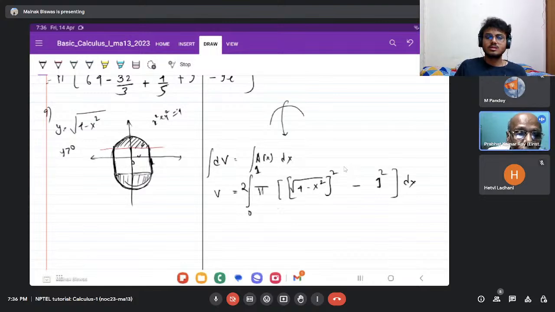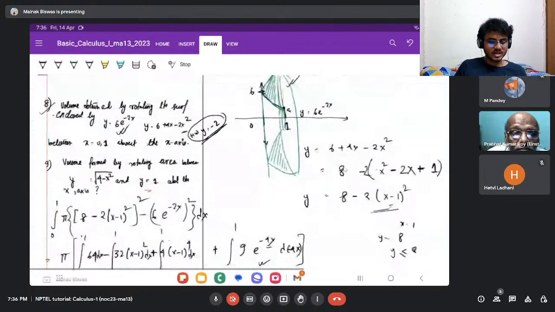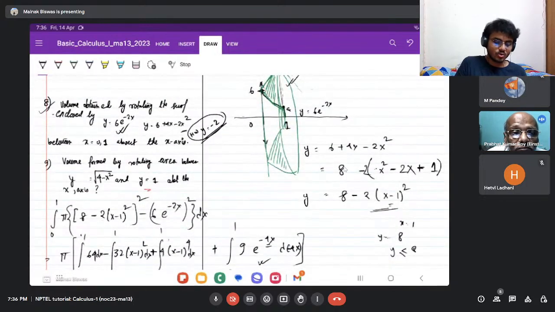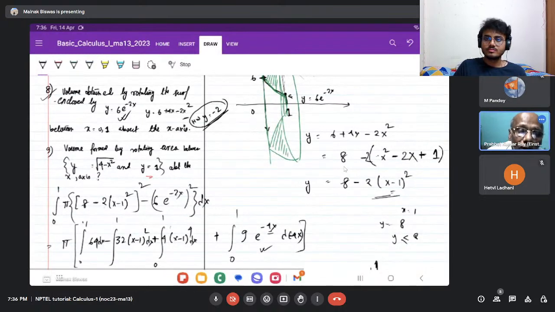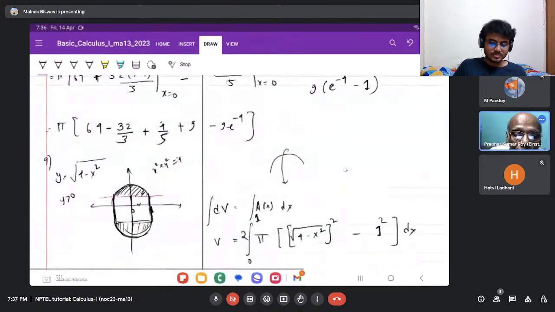So here the axis of rotation is y equal to 1, right? No, x axis. I had seen the question incorrectly. So you are rotating y equal to root over 4 minus x square and y equal to 1 about the x axis. Okay. Understood, right?